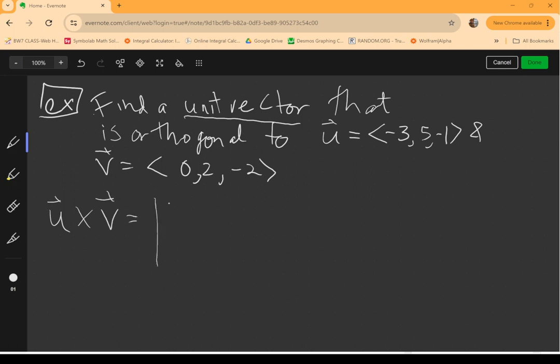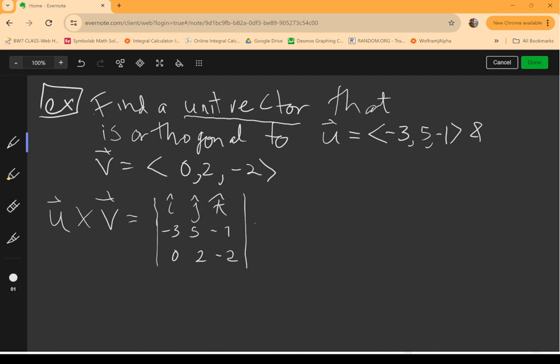Right, so I'll set up the determinant form here. I hat, j hat, and k hat, and our vectors are -3, 5, -1, 0, 2, -2.